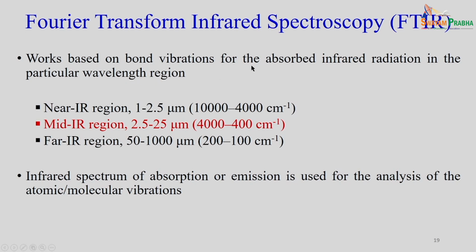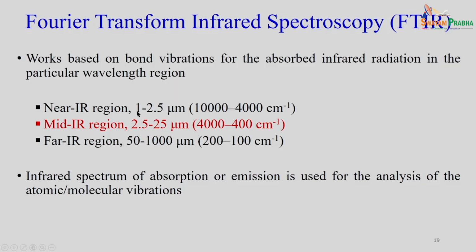Why is it happening? Because your material is absorbing the infrared radiation in a particular wavelength region. Depending on the wavelength, this IR is classified as near IR, mid IR and far IR.